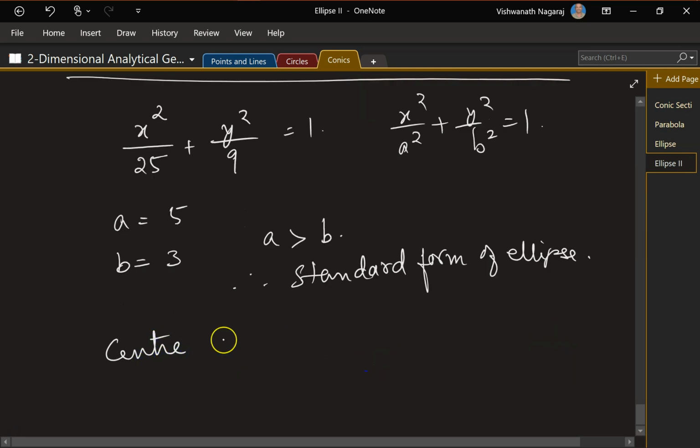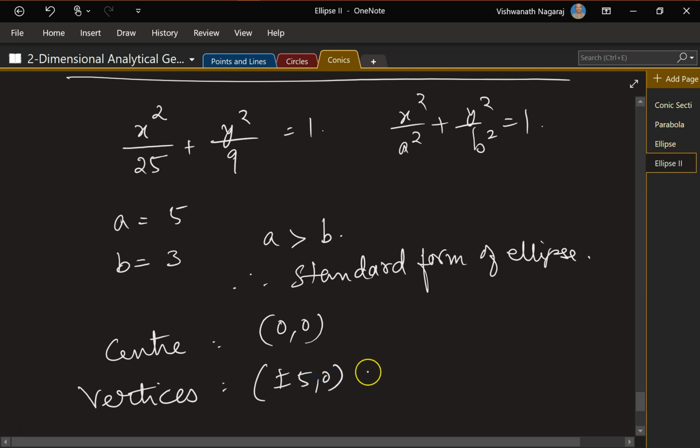Center of the ellipse is going to be 0, 0. Vertices would be plus or minus 5, 0 and 0, plus or minus 3.